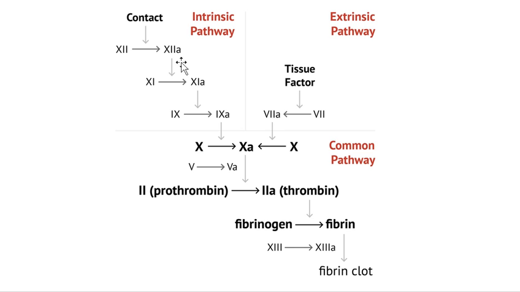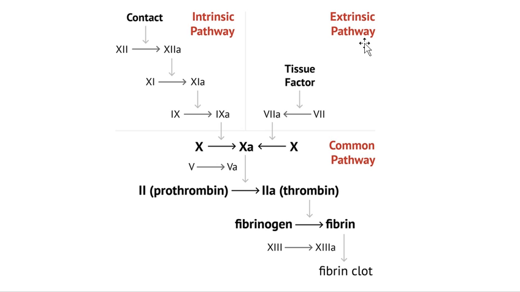A denotes the activated form of that factor. So 11 is activated in presence of K. As clotting factor 11 is activated, it leads to activation of factor 9, which ultimately leads to activation of factor 10. Fine. So this is the common pathway where both pathways combine.